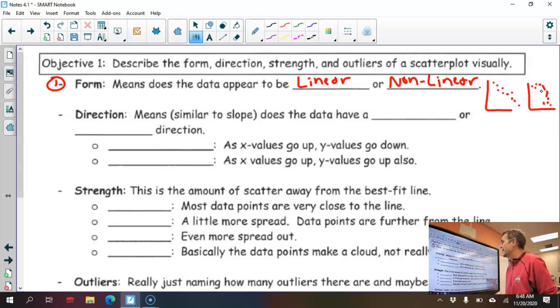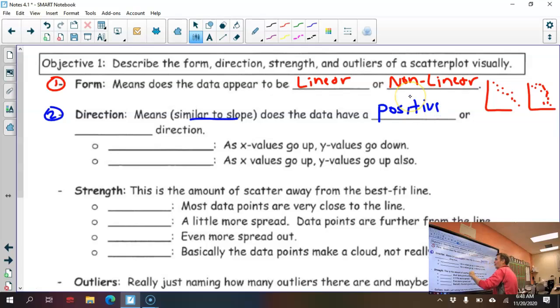All right, the next thing we care about is the direction. Let's change color for that one. When we talk about what a graph looks like, we want to talk about the direction, which is similar to slope. It really just means, does the data have a positive or negative direction? And that looks just like slope. So perhaps I'll draw two of these.